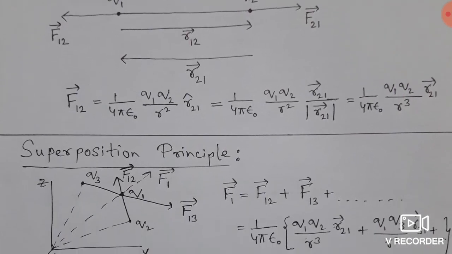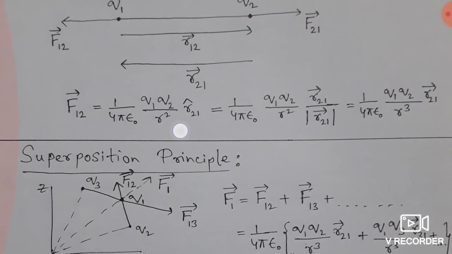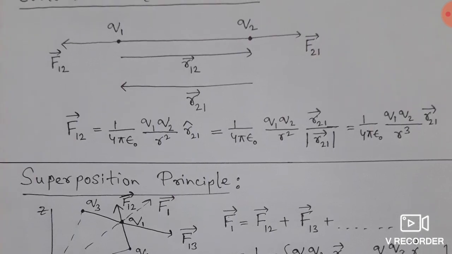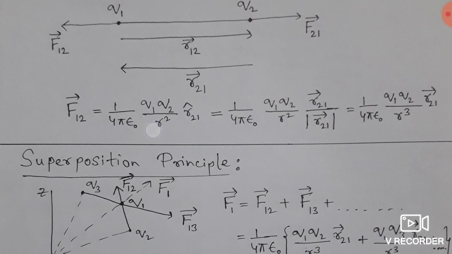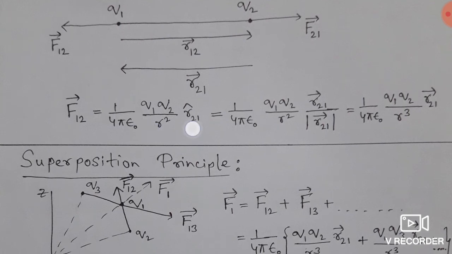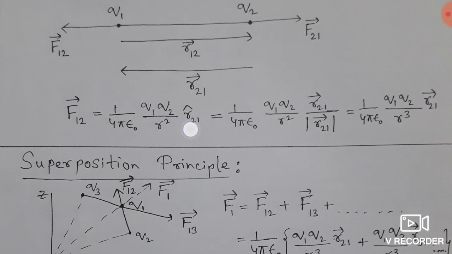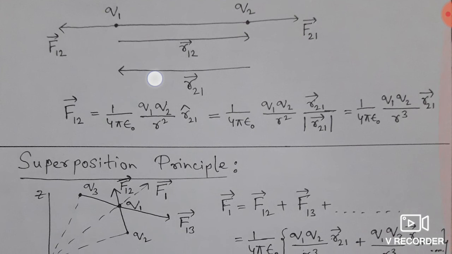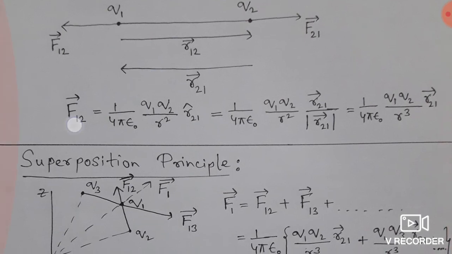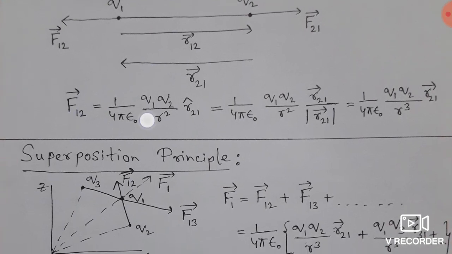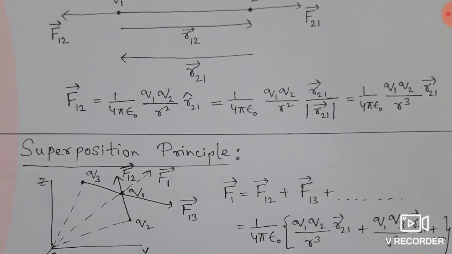F12 vector is equal to 1 by 4 pi epsilon 0 q1 q2 by r square. So this is the magnitude part, and we have to give the unit vector. So the unit vector is r21 cap, because F12 and R21 are along the same direction. So F12 is equal to magnitude into r21 cap.